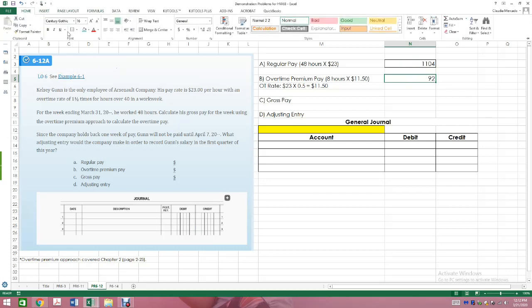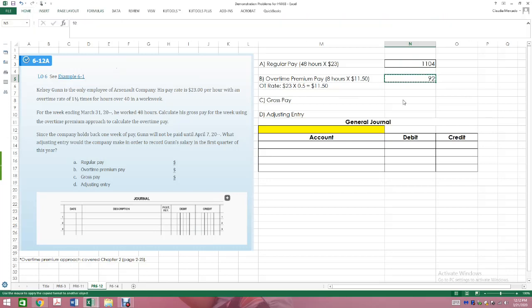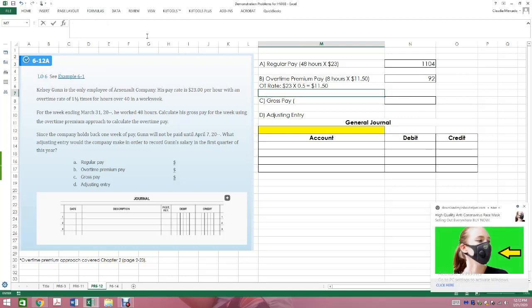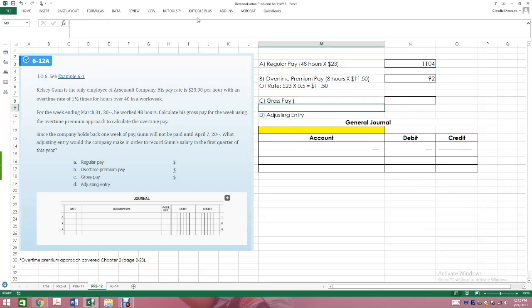Now we are being asked to calculate the gross pay. The gross pay is going to be your regular pay of $1,104 plus our overtime pay of $92.